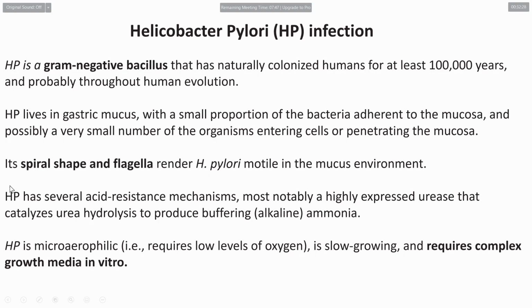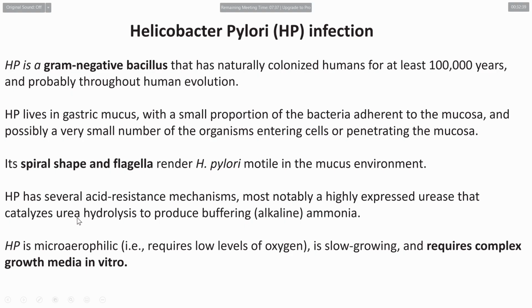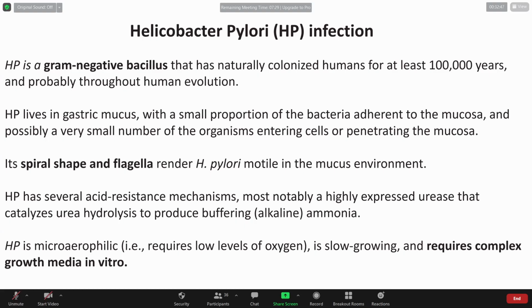How does it live in the hyperacidic environment? It has several acid resistance mechanisms. Most importantly, it hydrolyzes urea into alkaline ammonia. What does that mean? It has urease activity.